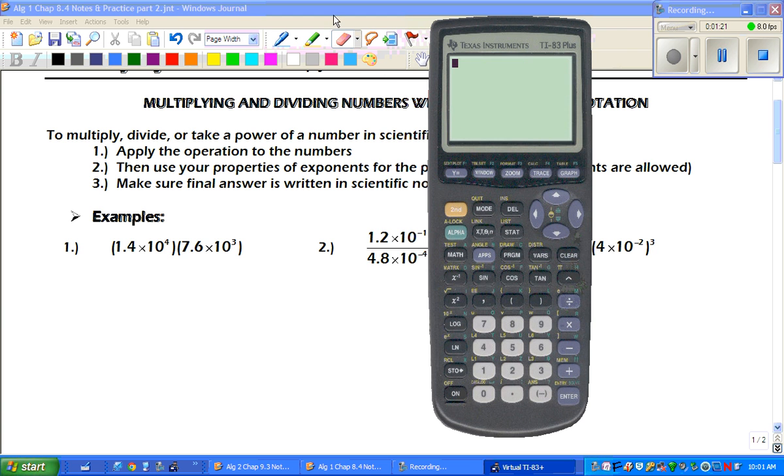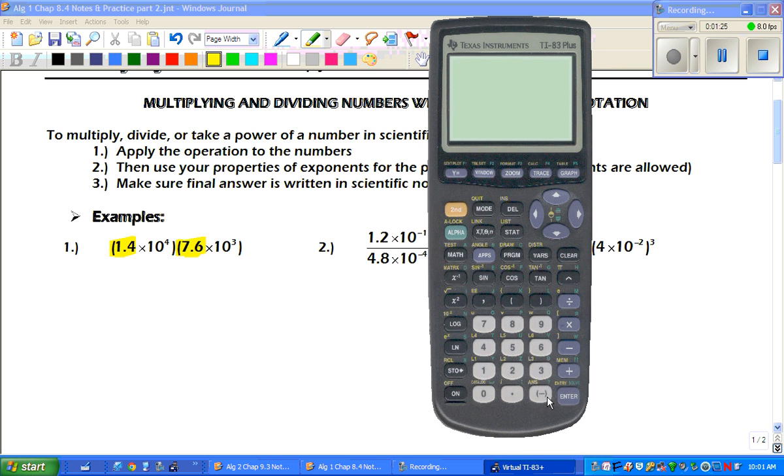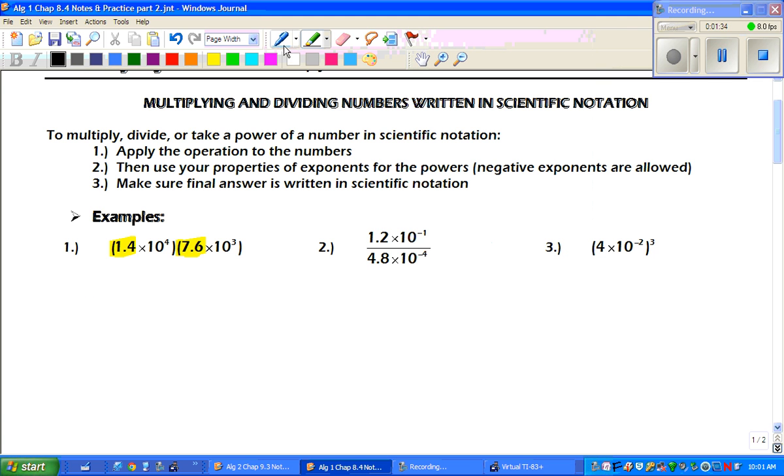So what we would do is you would take 1.4 times 7.6, and that equals 10.64. So we got 10.64 times 10. Now, I would add those exponents, because when you're multiplying, you add the exponents.